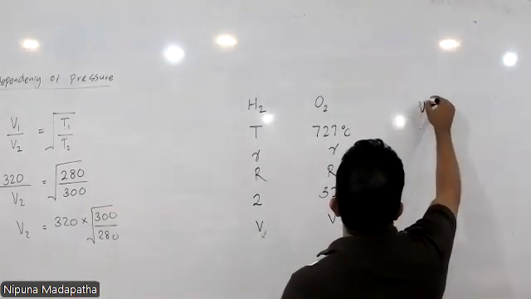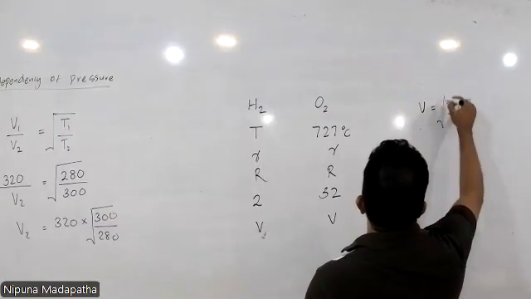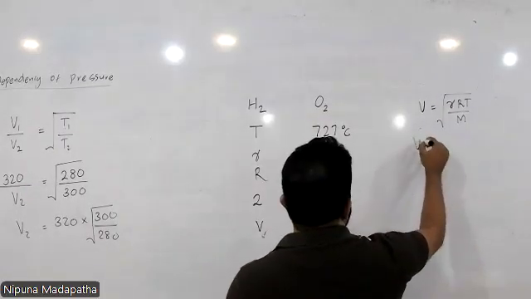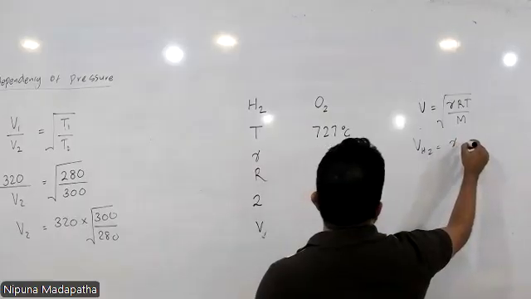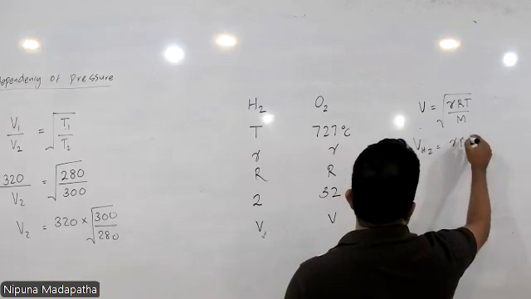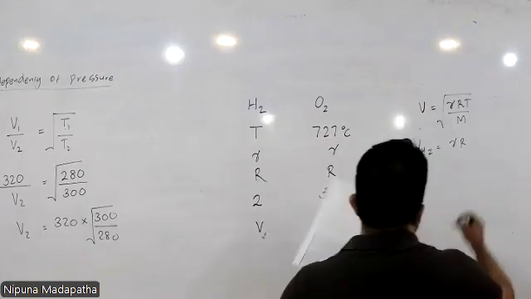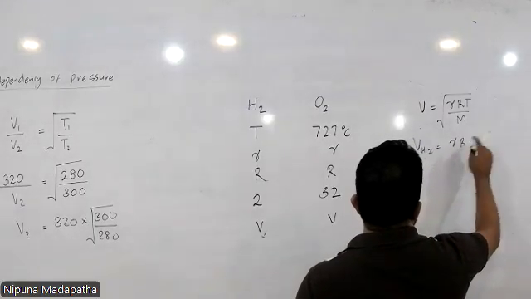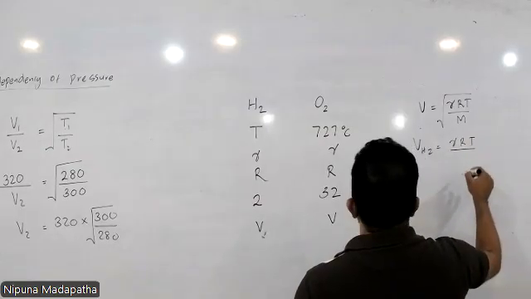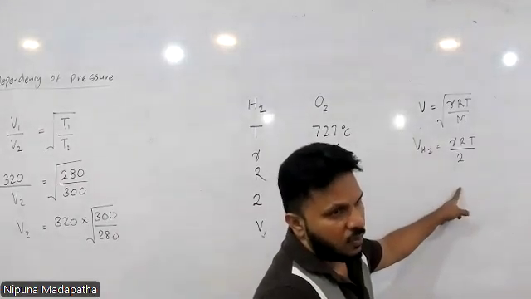So the expression is V equals square root of gamma RT over M. So here there is no need to convert to kilograms.